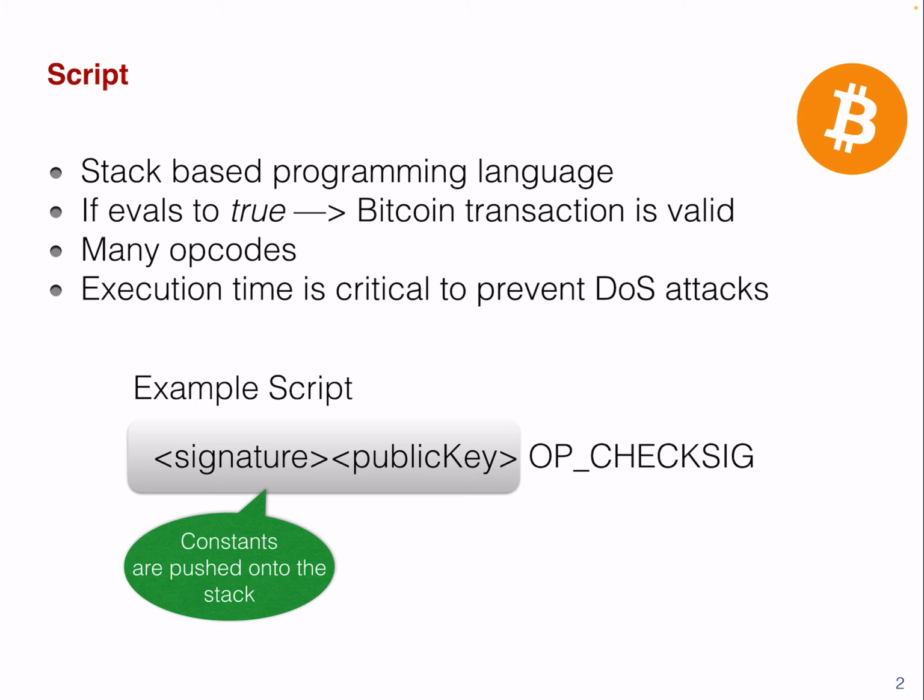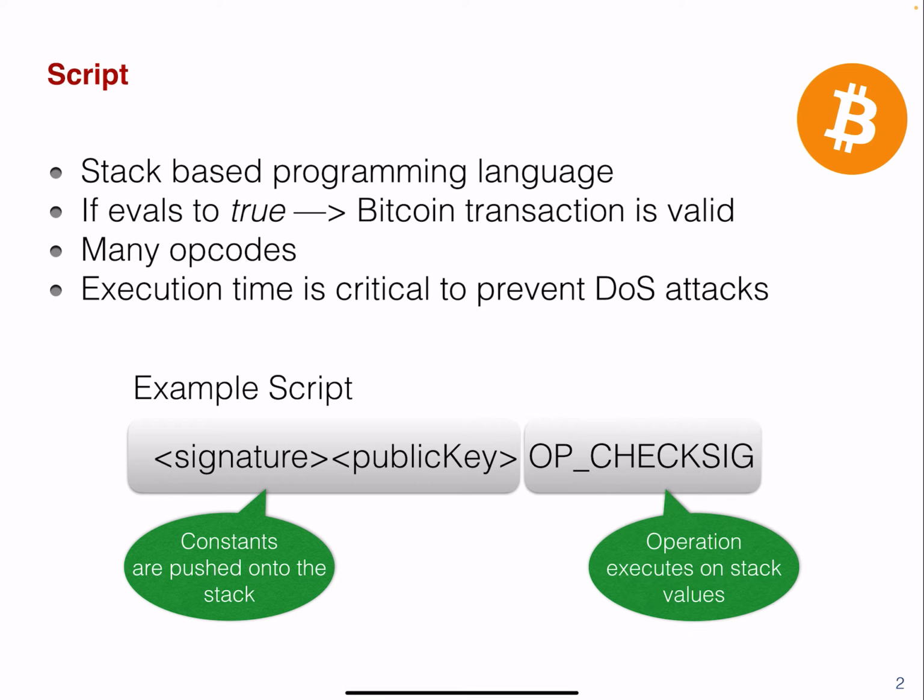Once you have a signature and the public key, these are constants. They are pushed onto the stack by the execution engine of this stack-based programming language. And once you have them on the stack, you can execute the operation, which executes on the stack, and this verifies whether the signature matches the public key, so whether the signature is a valid signature under that public key.